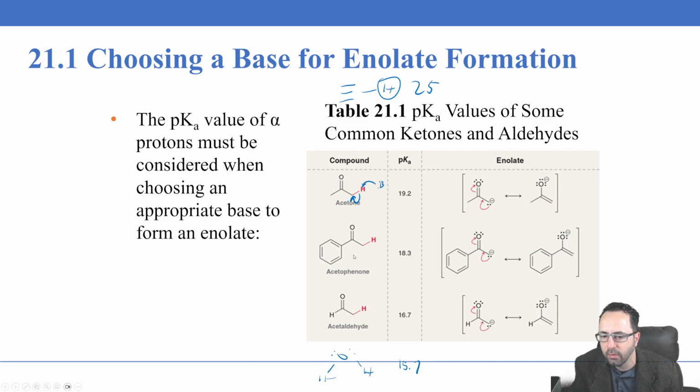If we have acetophenone, the alpha proton will be even more acidic, because not only is it resonance stabilized, we have the benzene ring as well, although it's not resonant throughout the ring. And finally, if we have acetaldehyde, where the difference is that there's no carbon on the other side, we have an even more acidic proton, also forming a stabilized enolate ion.